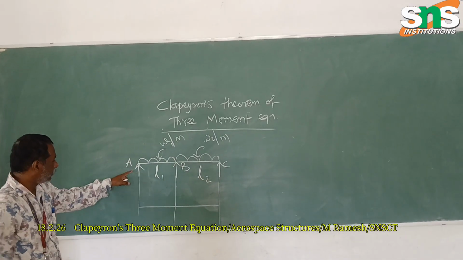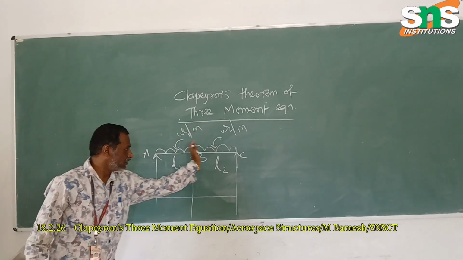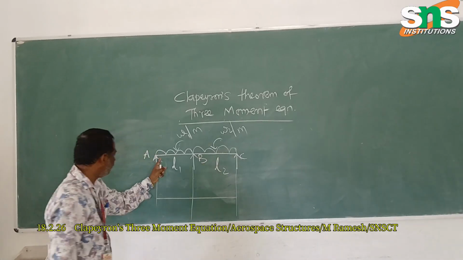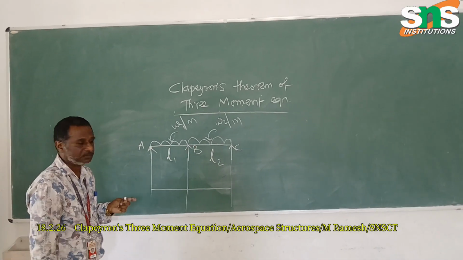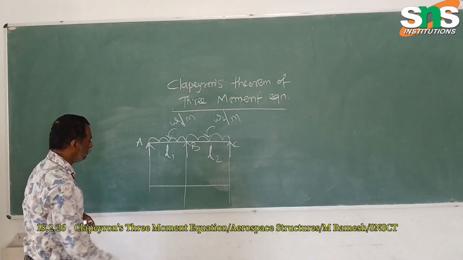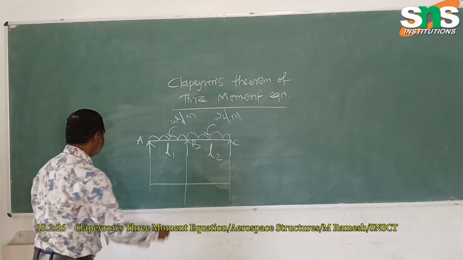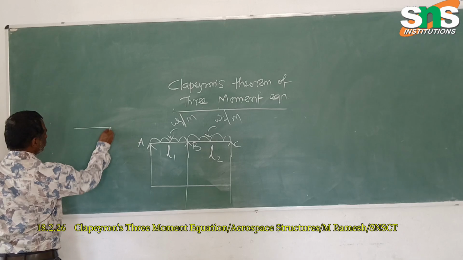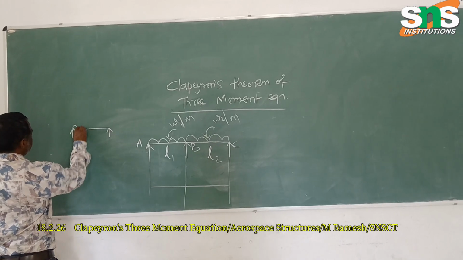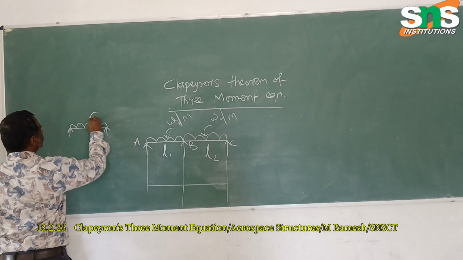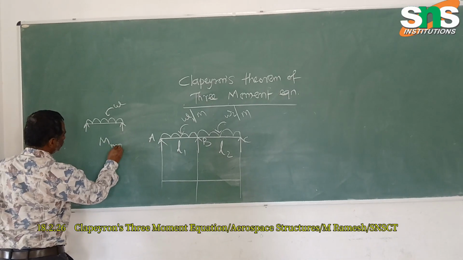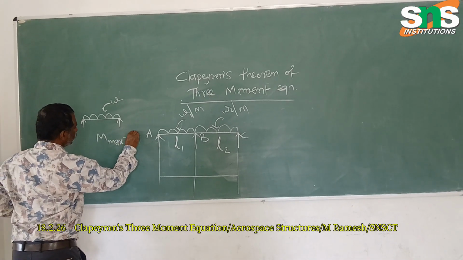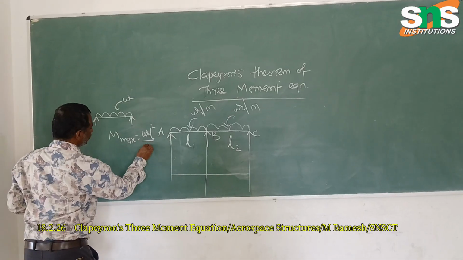Consider AB alone, you just ignore BC. This is a simply supported beam with a UDL. With a UDL, the maximum bending moment M max for a simply supported beam is WL squared by 8.